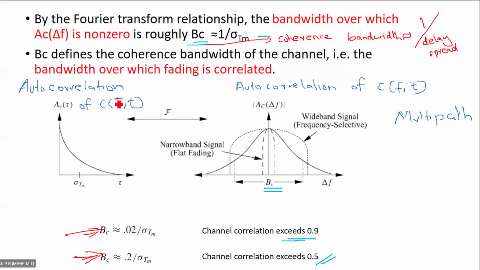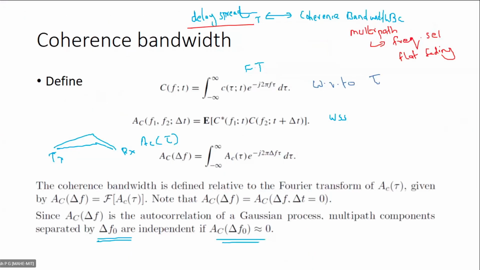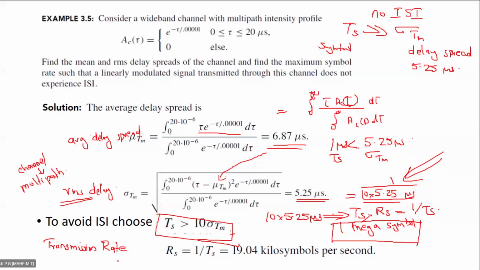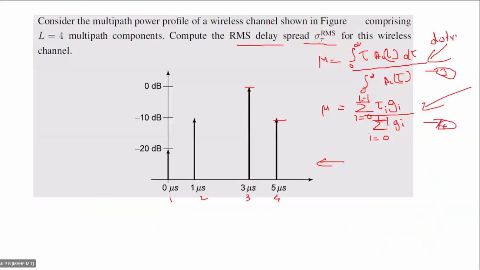From this diagram, what we can observe is we can get values like average delay spread. What else? What are the parameters? Yeah, RMS delay spread, maximum delay spread, etc.